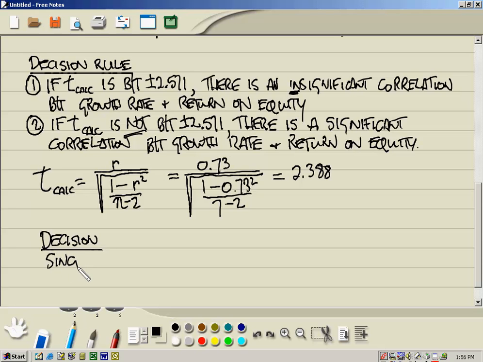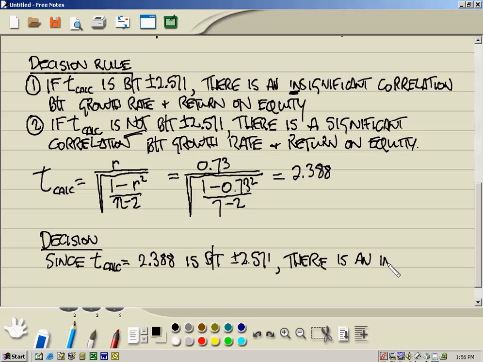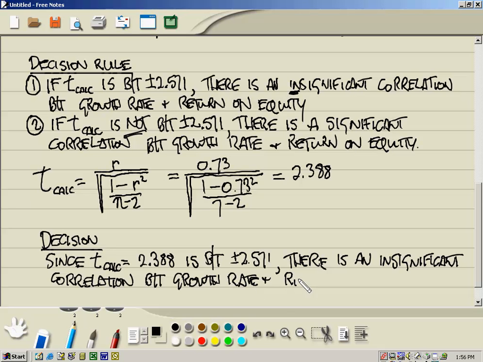So since t-calc is 2.388, and since that is between the plus and minus 2.571, there is an insignificant correlation between our two variables, growth rate and the return on equity.